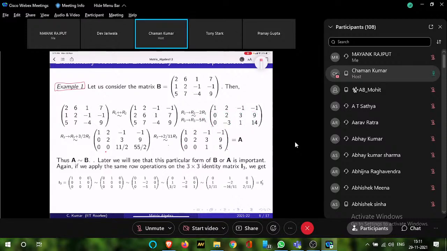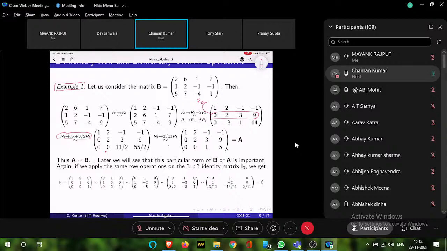Now on this new matrix, you apply this operation. Replace row 3 by row 3 plus 3 by 2 R2. So what is R2 in this matrix? This is R2. And this operation says that multiply 3 by 2 in R2.